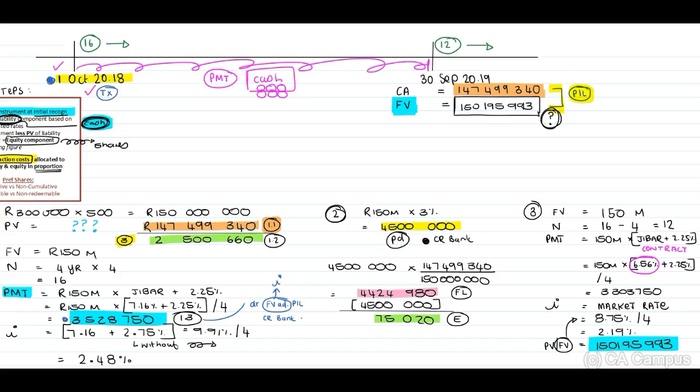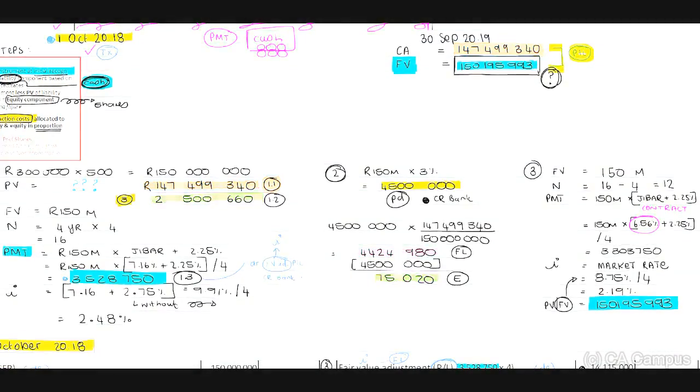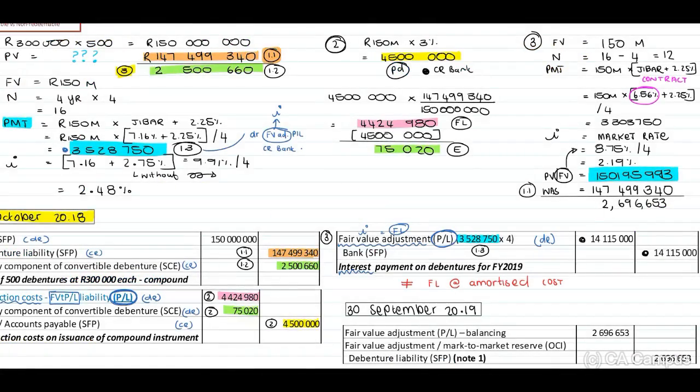I'm including this on my timeline purely for explanation purposes. In my calculation, we are able to identify that our liability has increased. Therefore, when you look at the right side of my screen, I have included that the carrying amount was the 147,499,340, calculation 1.1. And there's a movement of 2.6 million.